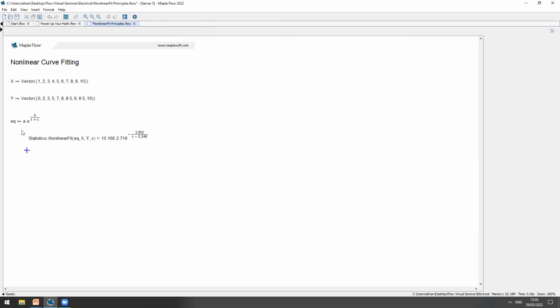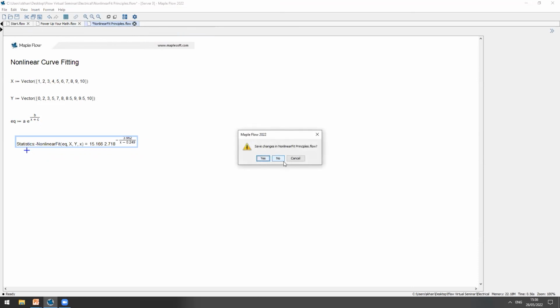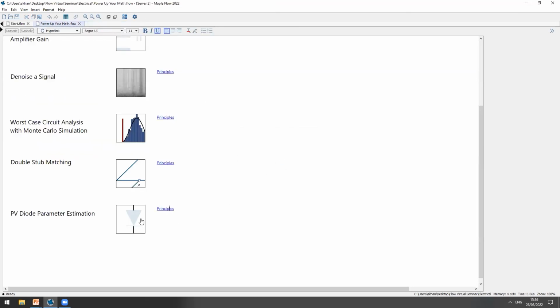And there we go. That is my best fit equation. I can now assign this to a name and plot the result if I was so motivated. Let's close that down and jump straight into the final application.